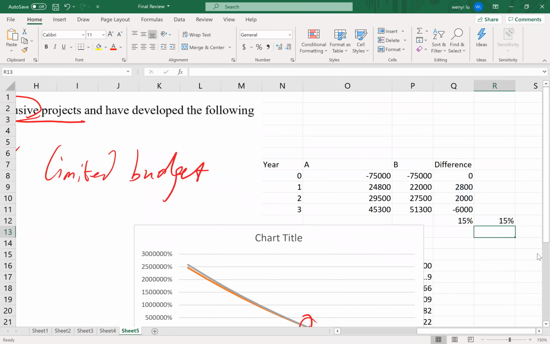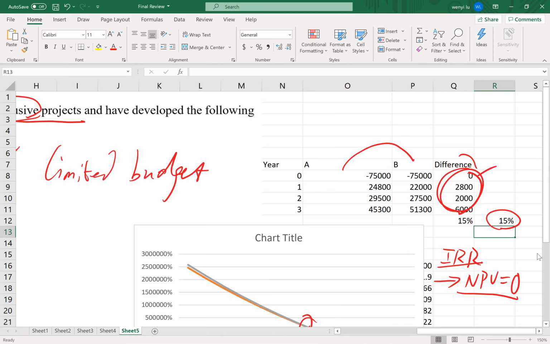So let me explain why we need to do it this way. Because IRR is the function to make the NPV equal to 0. You know this is the difference between these two cash flows. So once you apply the IRR to this column, that means you try to make the NPV for this cash flow to be 0.